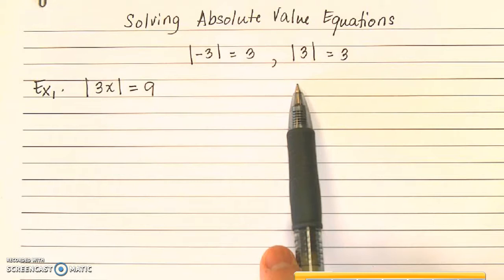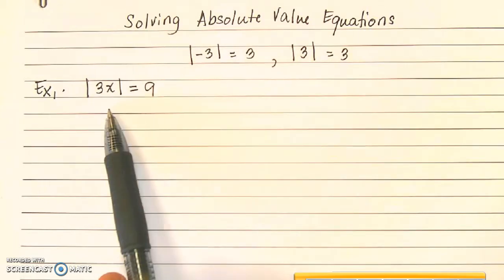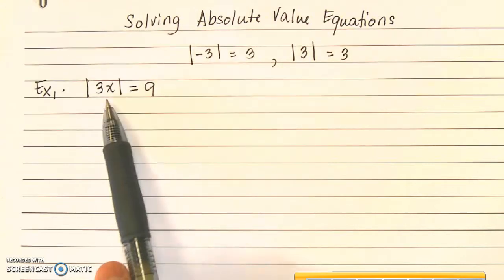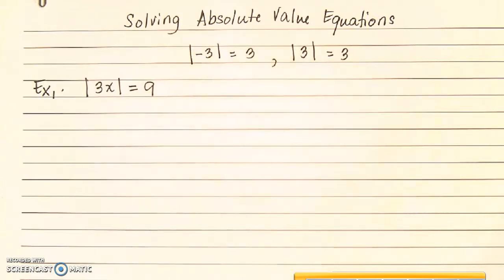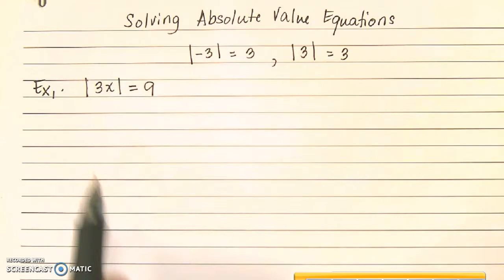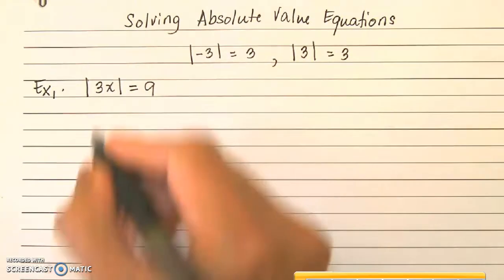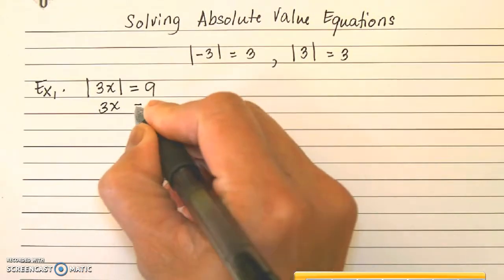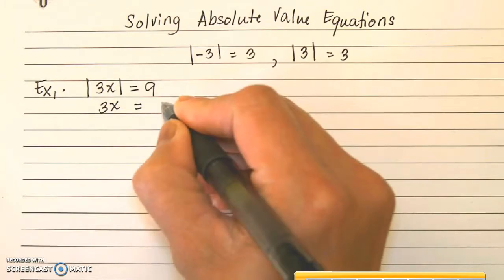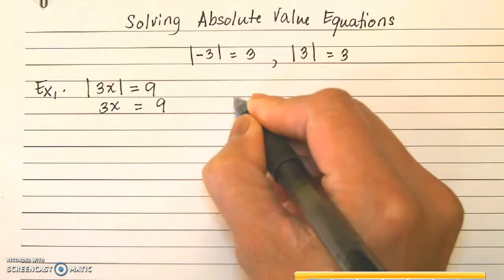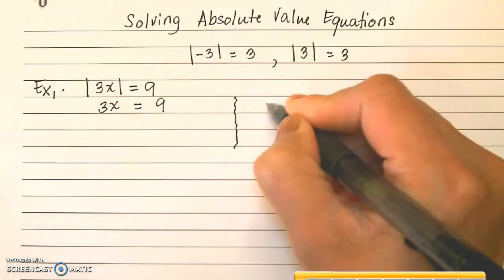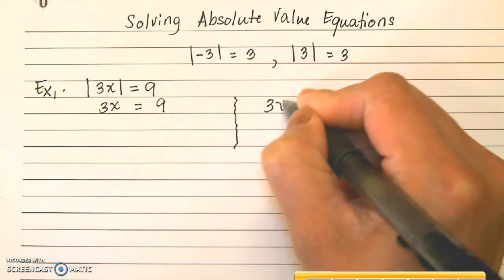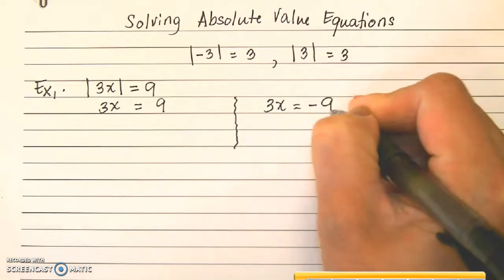So let us begin. For my example number 1, I'm going to use absolute value of 3x equals 9. So how we solve this is we are going to remove the absolute value sign, making it become 3x, but this time we're going to make this a 9. However, we're also going to solve the side that is a -9.